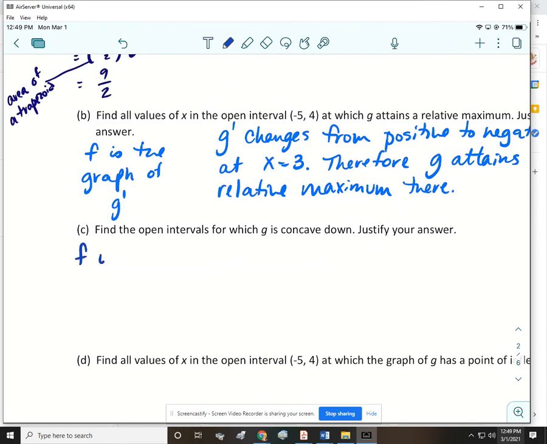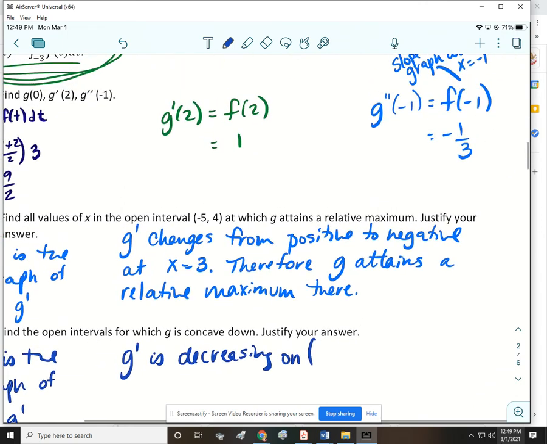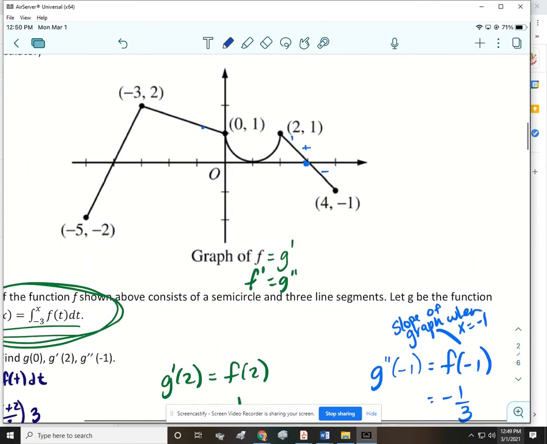This over here isn't necessary for your answer. It's just to help you remember what to do. So G prime is decreasing on, there's two places where G prime is decreasing. What do y'all think?